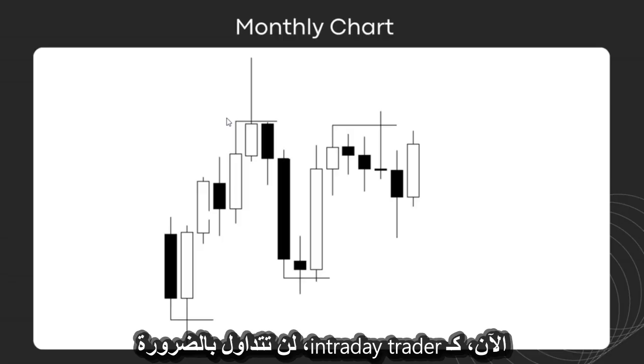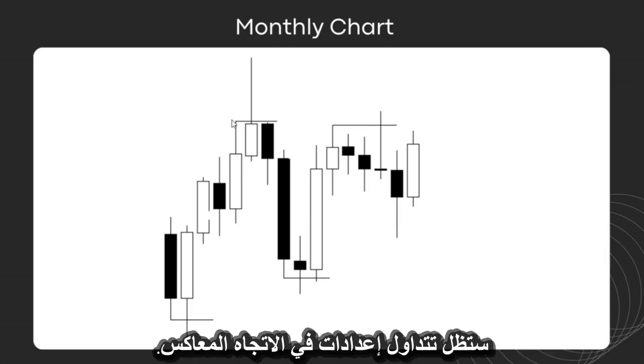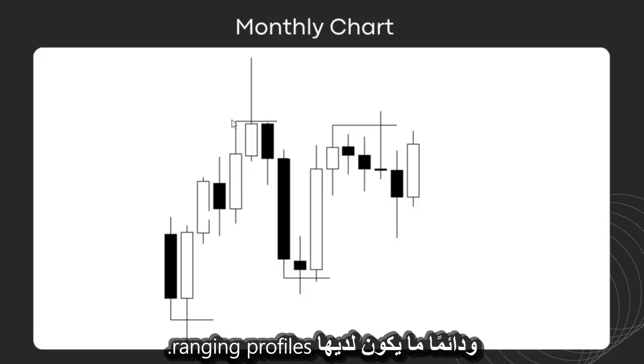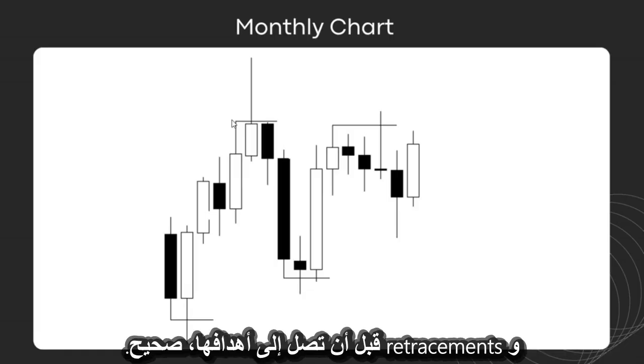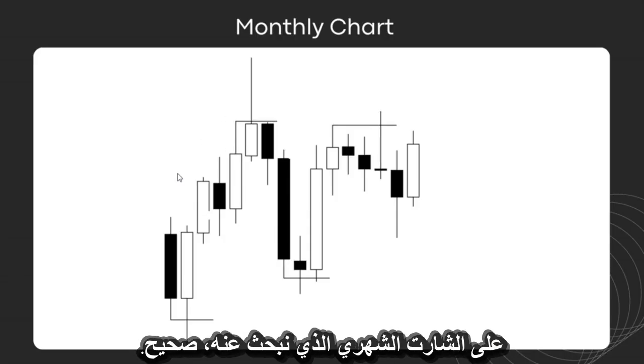Now, as an intraday trader, you're not going to necessarily trade in the direction of the monthly directional bias, right, or drawn liquidity. You're still going to trade setups in the counter direction, because we all know that the markets never move in a straight line, right? And it always has ranging profiles and retracements before it reaches its targets, right? So that means, let's say we've got a certain drawn liquidity on the monthly chart that we're looking at.